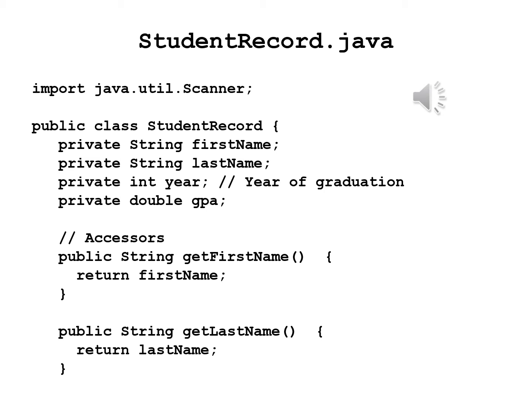Now, since these are private items, we're going to need accessors if we want access to their data. And for that reason, we'll have public String getFirstName, which will have exactly one statement in it, return firstName. And then public String getLastName, and inside that, return lastName.